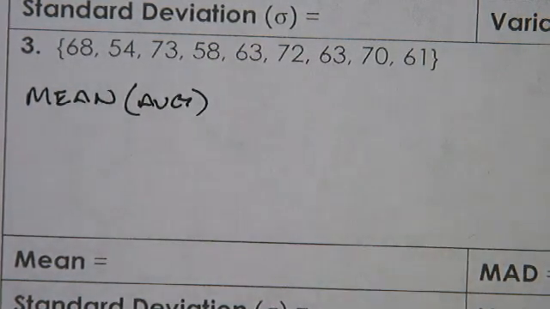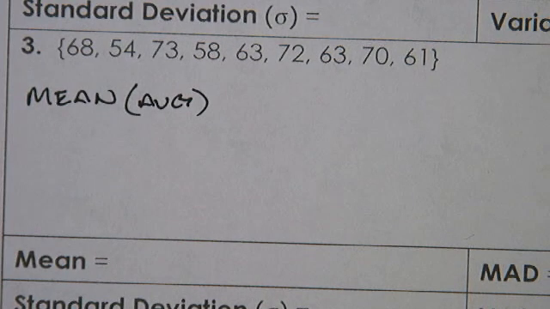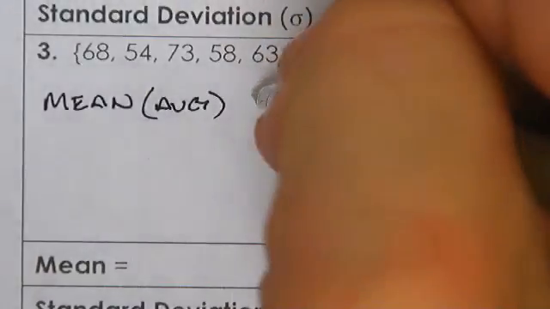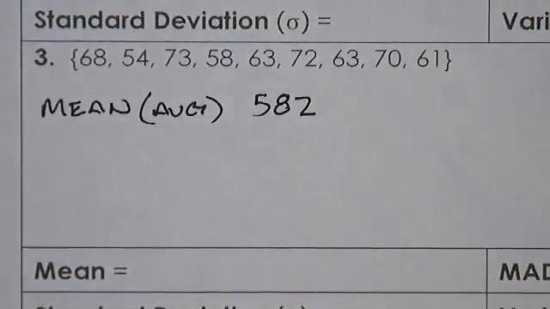So I've got 68 plus 54 plus 73 plus 58 plus 63 plus 72 plus 63 plus 70 plus 61. Okay, so I've got 582. Hopefully that's what you got too. I can't really check. That is my total.